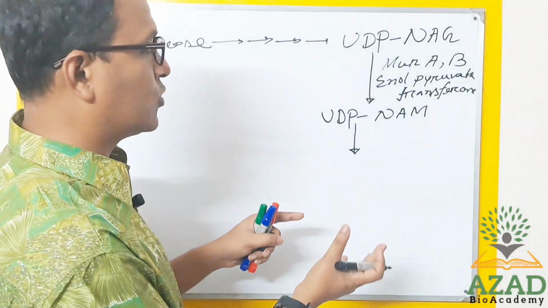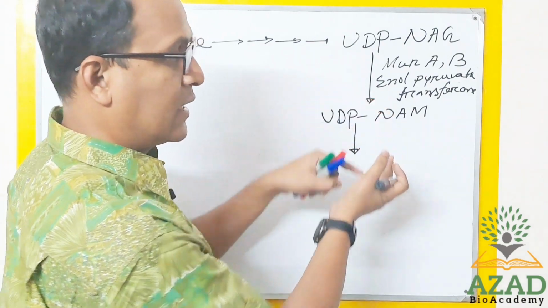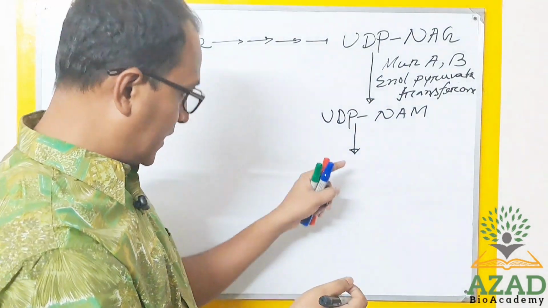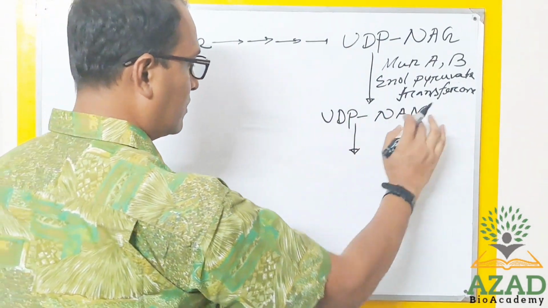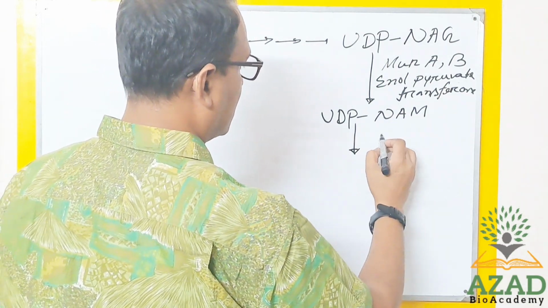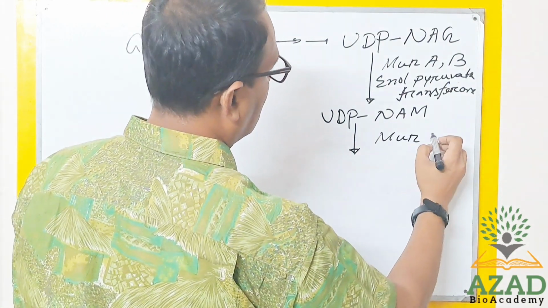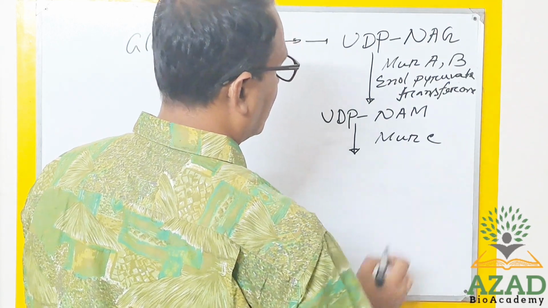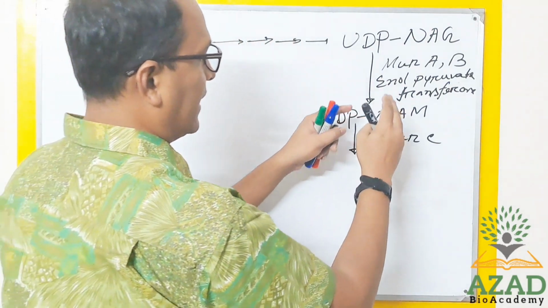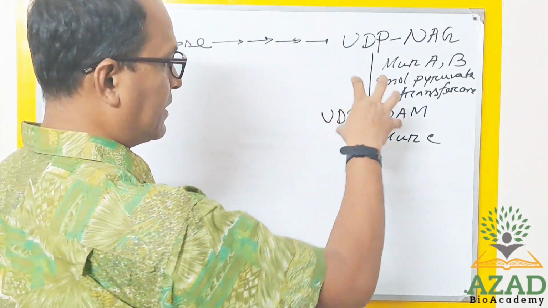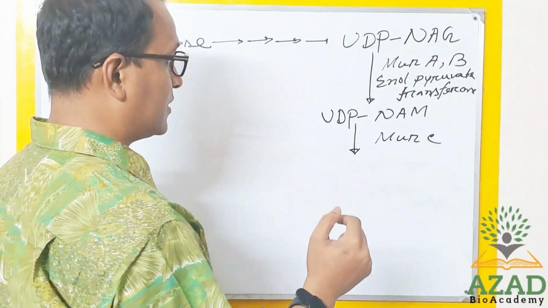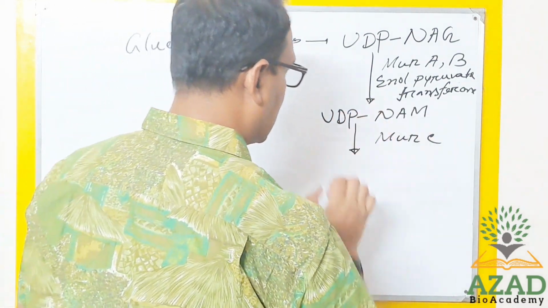How the peptide will be added to the NAM sugar unit, I will explain now. So now, one enzyme, that is MurC, will add a peptide, or amino acid actually, to the NAM sugar.